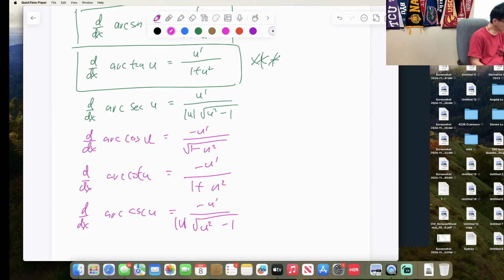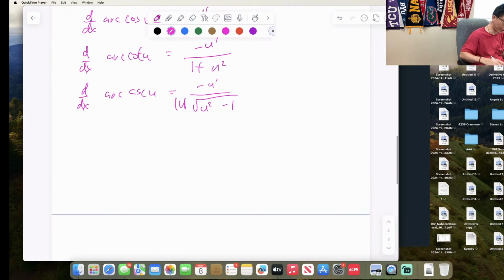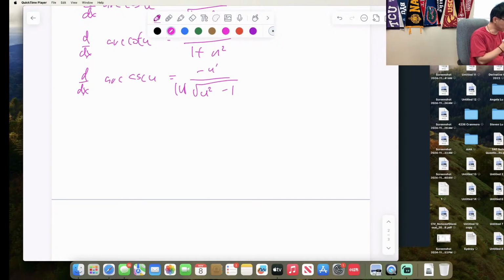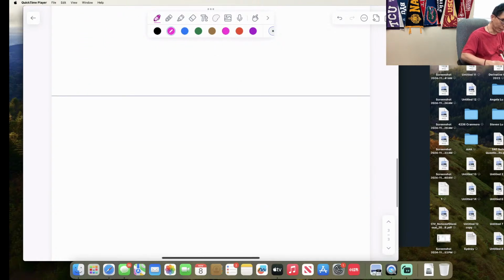So let's try to, oh, also, imagine that you have y equal to sine inverse, the same notation, of x. So the derivative of this is 1 over square root of 1 minus x squared. So it has something to do with the inverse.